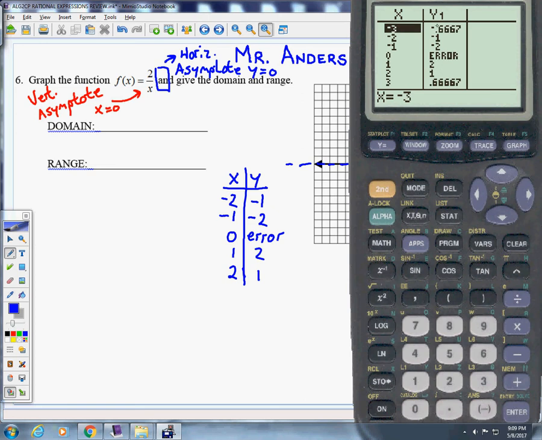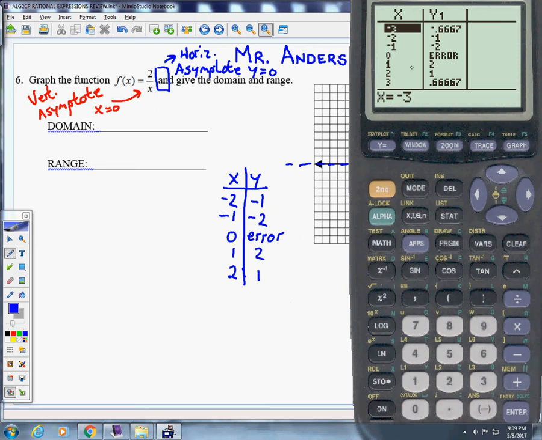Here are the x values. This is our t-chart right here, and here are the numbers that I plugged in: -2, -1, 0, where we see an error, because that's where the vertical asymptote is, and then 1 and 2. These are the values that were easy enough to calculate in this simple rational equation. We've got -1, -2, 2, and 1.